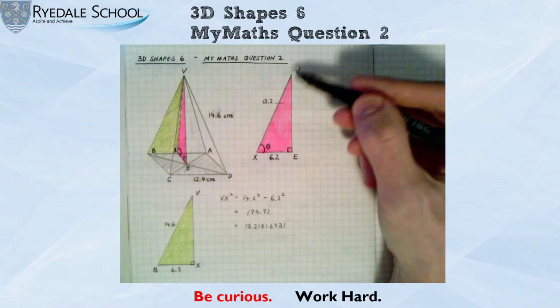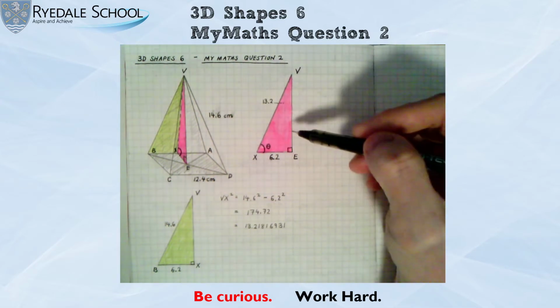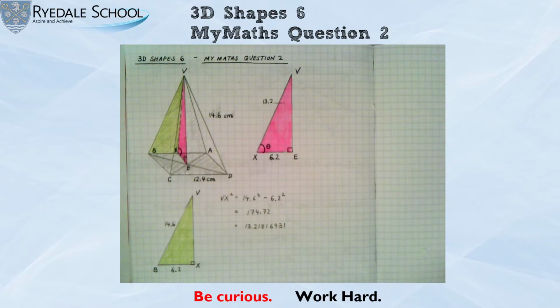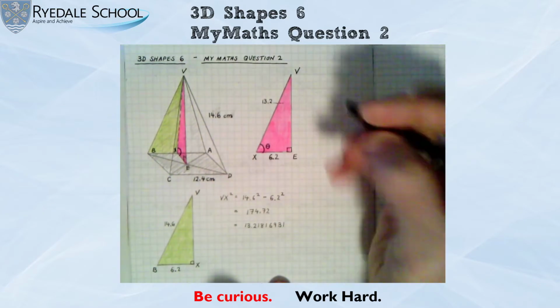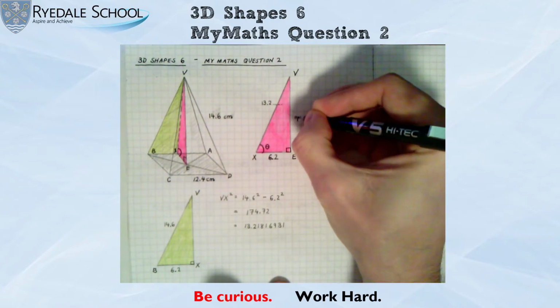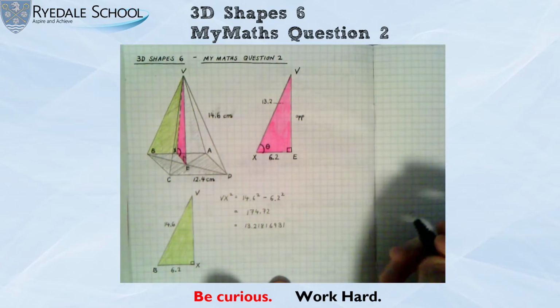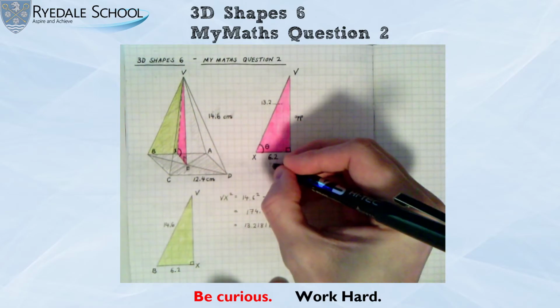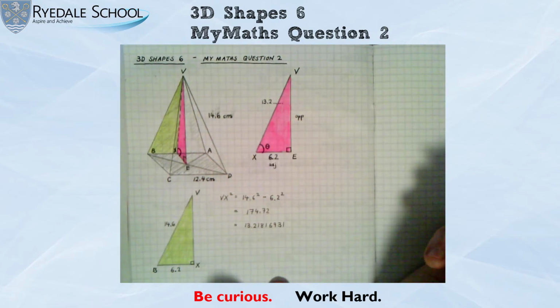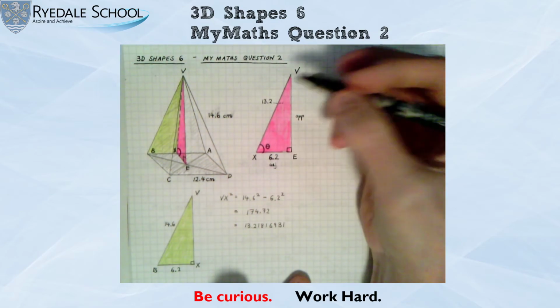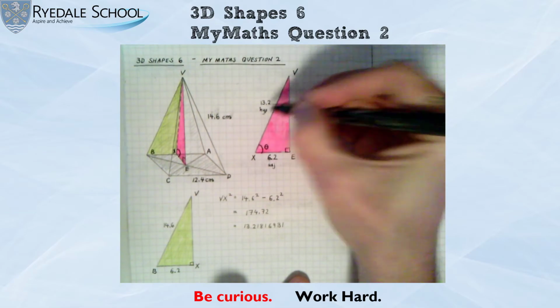And now I'm in a position to use one step of trigonometry to work out my angle. So I'm going to label my sides. I'm trying to find theta, so VE is the opposite. 6.2 is the adjacent. And 13.2 is my hypotenuse.